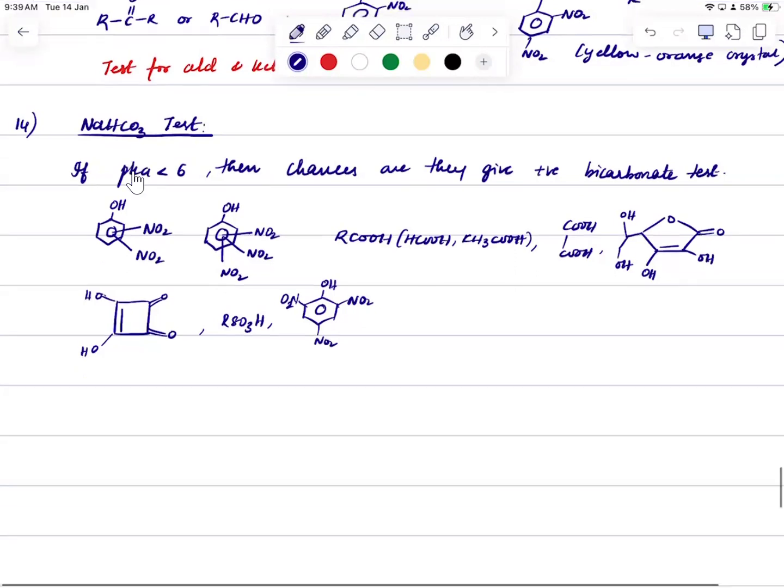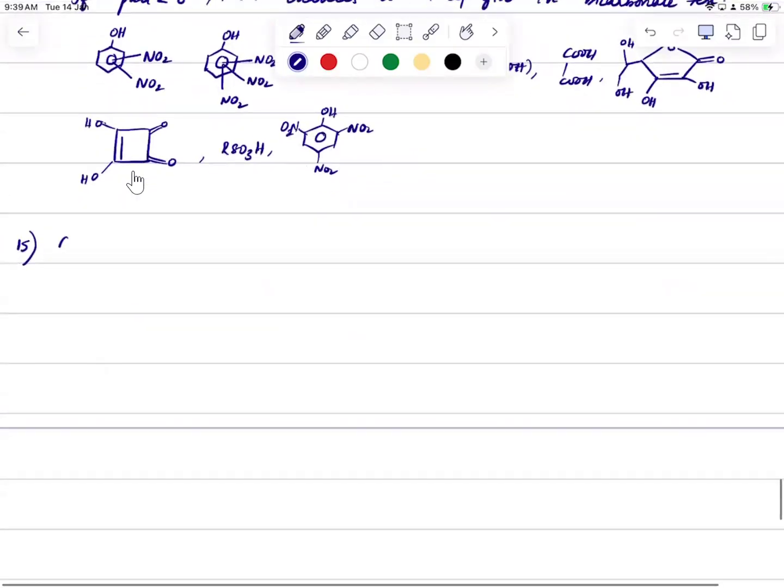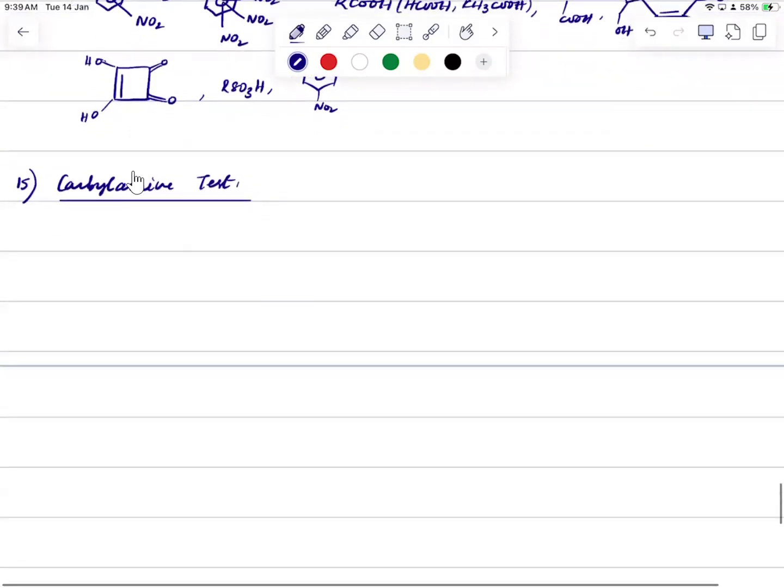Okay. Next. 15th one is about the carbylamine test. The carbylamine test overall reaction is when you have RNH2. That means you need to have a 1 degree amine for sure.